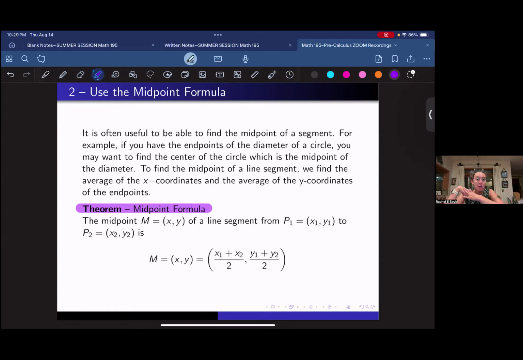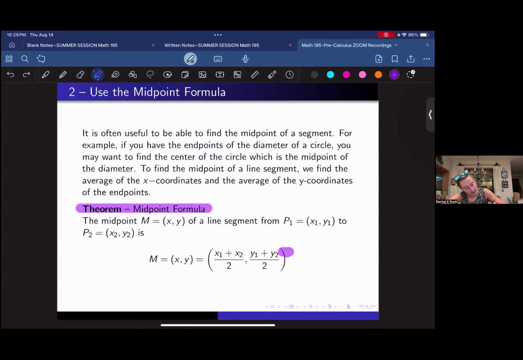It's just now we're finding the middle point between two different coordinate points that have 2 different x values and 2 different y values. So we take the average of your 2 x values, add them up, divide by 2, and then you take the average of your y values, add them up, divide by 2. You got your coordinate, that's your midpoint.